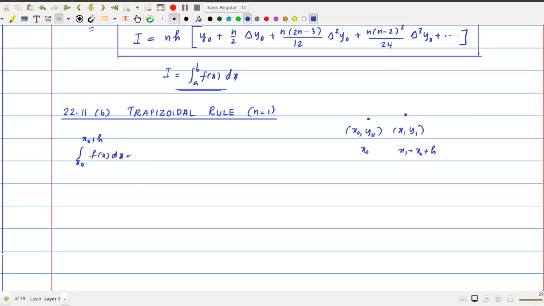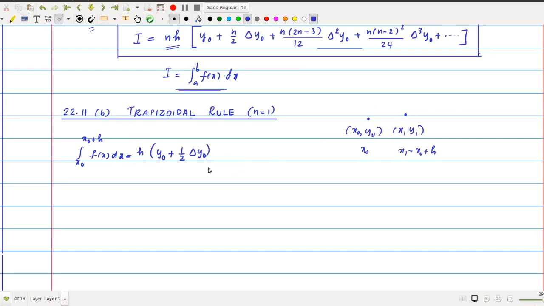Since n is equal to 1 here, this will be h times y0 plus, n is 1 here, so 1 by 2 times delta y0, and from this term onwards we have 0, because delta square y0 is equal to 0. We are considering only this to evaluate this integral.